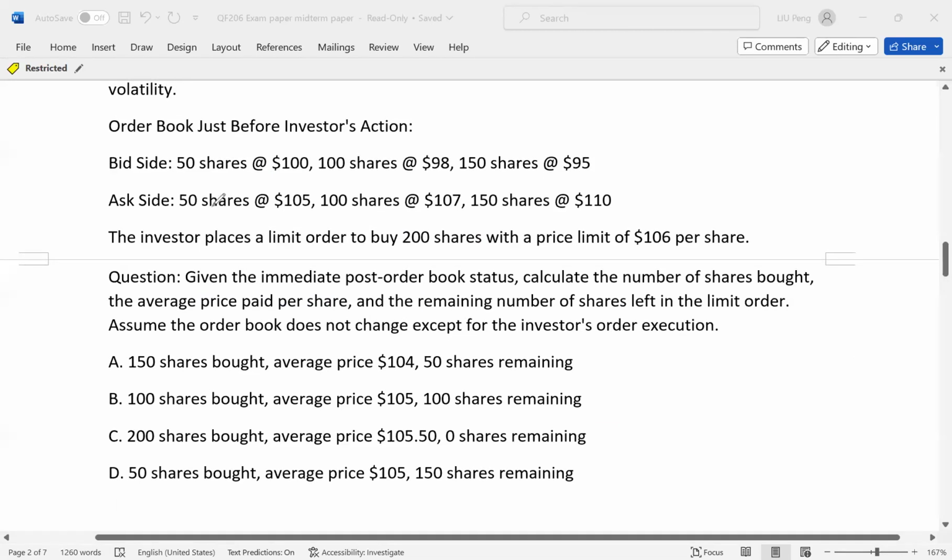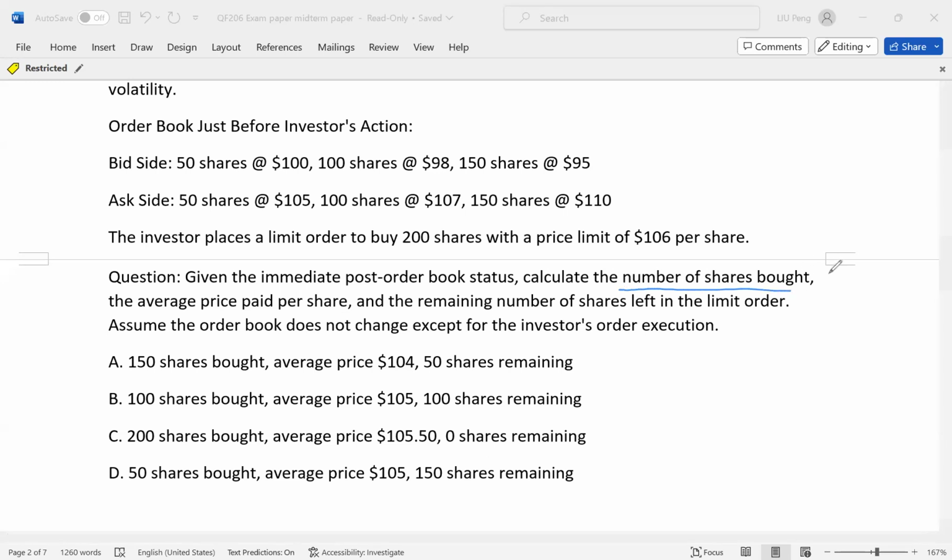That means the number of shares bought is 50. And the average price per share: we bought 50, and each price is 105, so the average price is also 105.